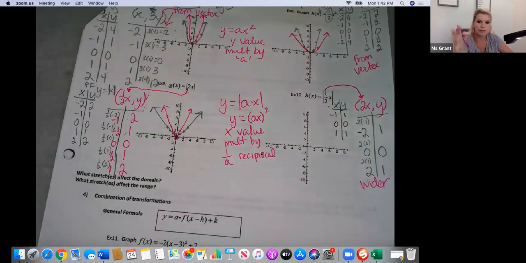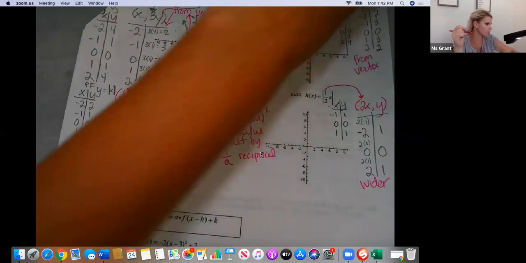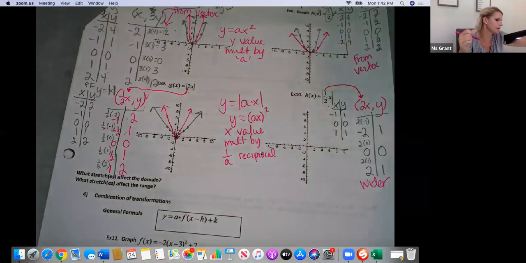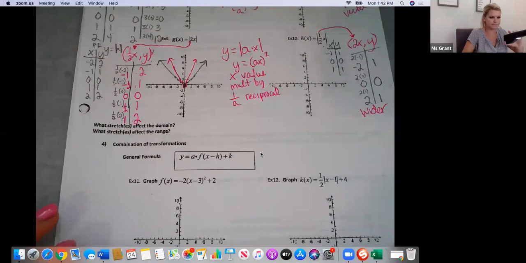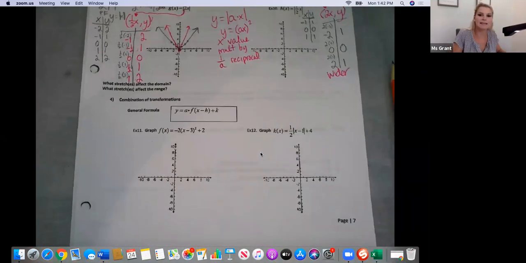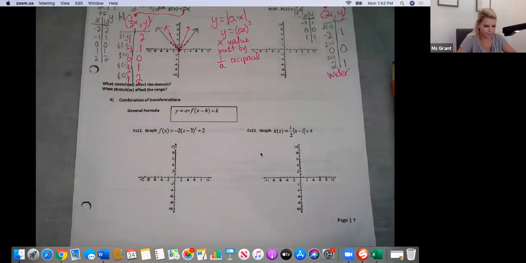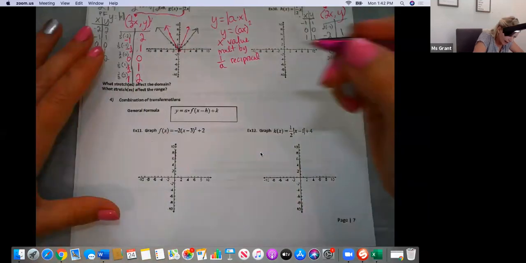I want to get to 11 and 12 because those actually are really, really important because they've got lots of transformations on them. And that's where I want to spend our energy. Okay. When my vertex is not at 0, 0, that's what we're talking about now. My A is here.